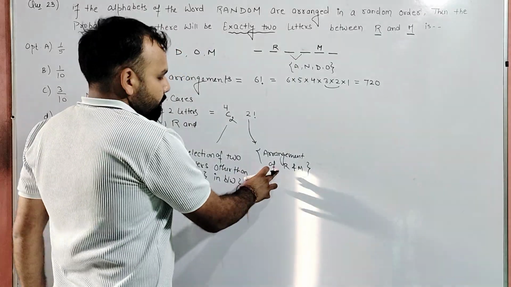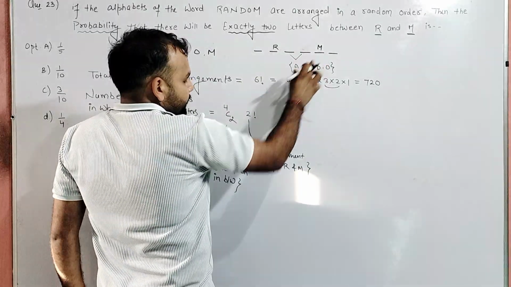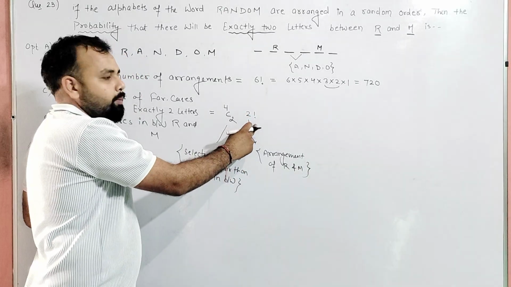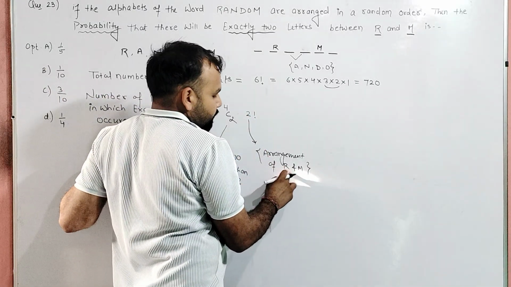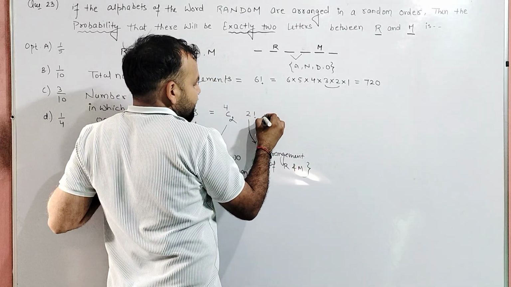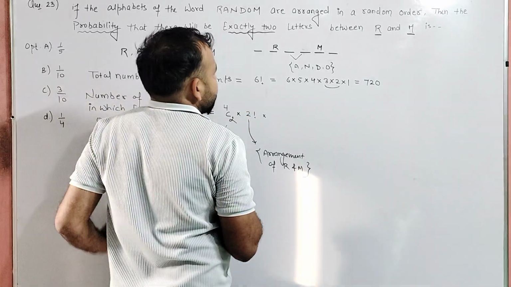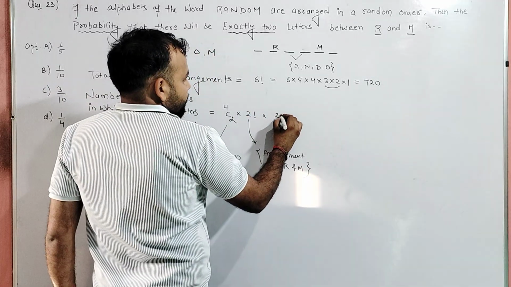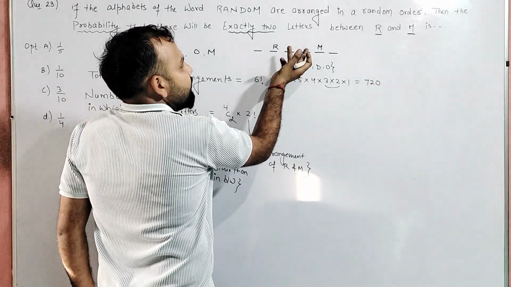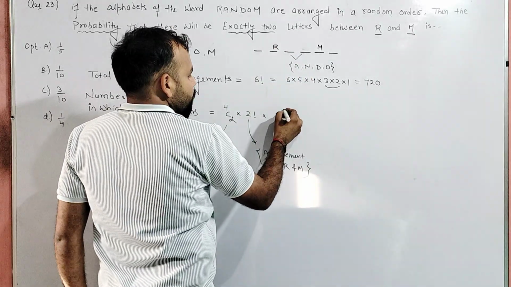So both the letters we can arrange in 2 factorial ways. Multiply by 2 factorial. If we fix these 2 positions, then we can rearrange these things in 2 factorial ways.